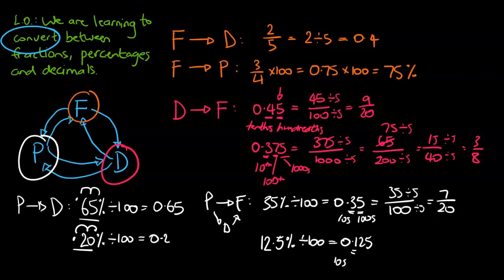That 1 is the tens, the 2 is hundreds, and the 5 is thousands. So we're going to have 1,000 as the denominator. The numerator will be 125. I know both of these have 125 in common as a factor, so I'll simplify that, and that's going to leave us with 1 over 8.